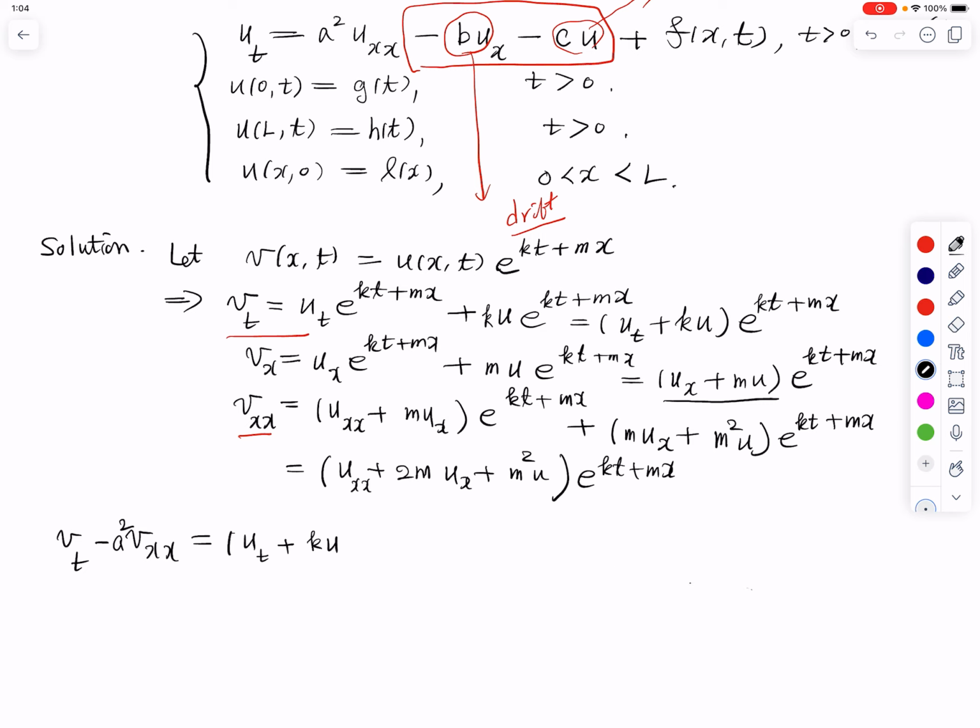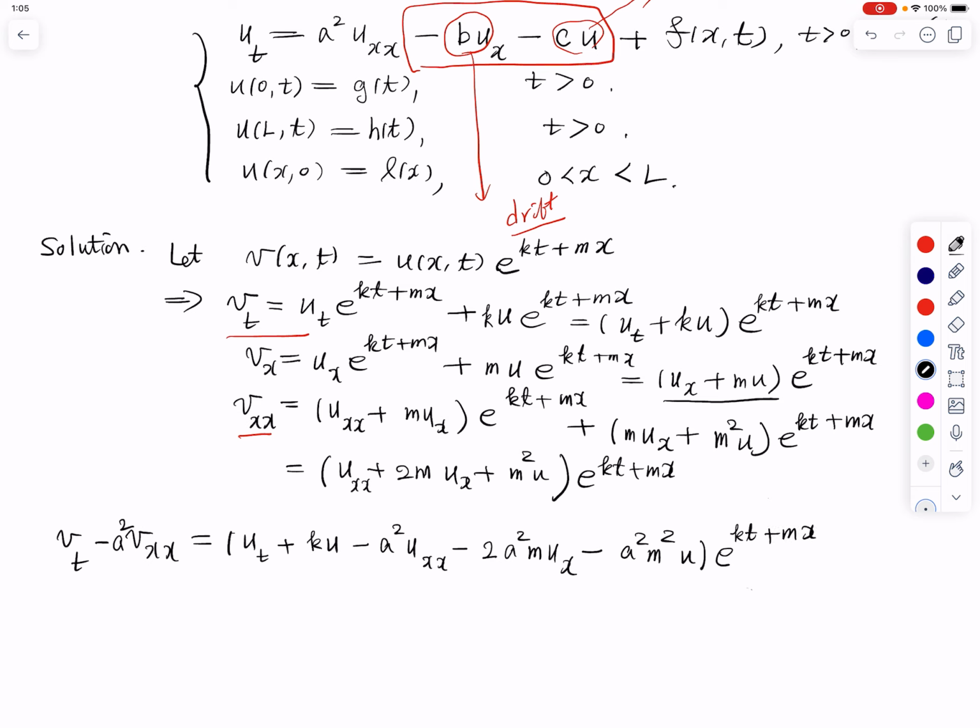So then I have a plus minus a square u xx minus 2a square m ux plus minus a square m square u, and then e to the kt plus mx exponential.